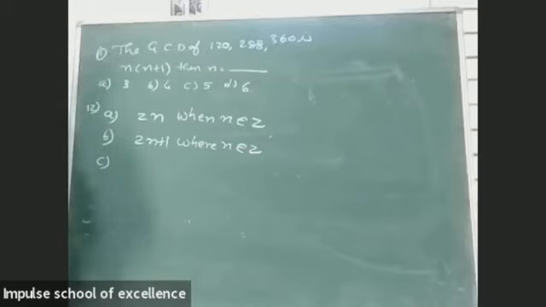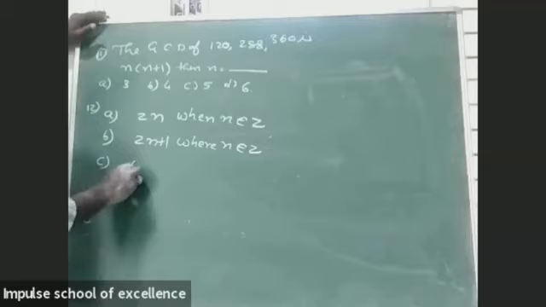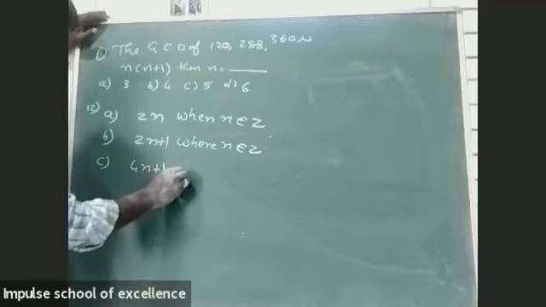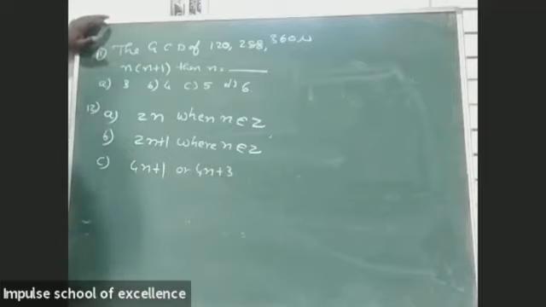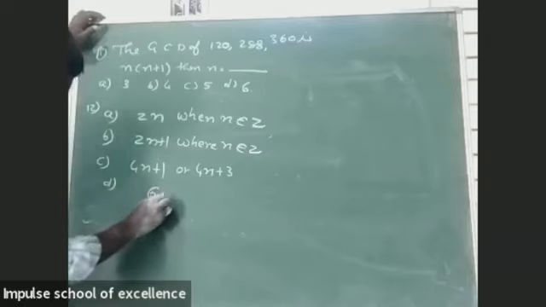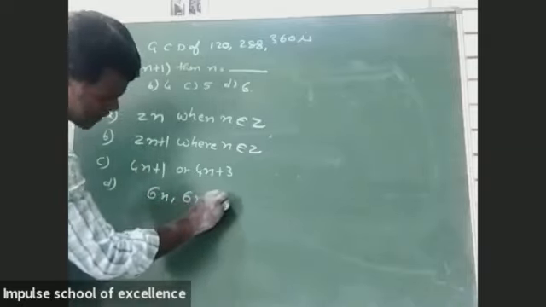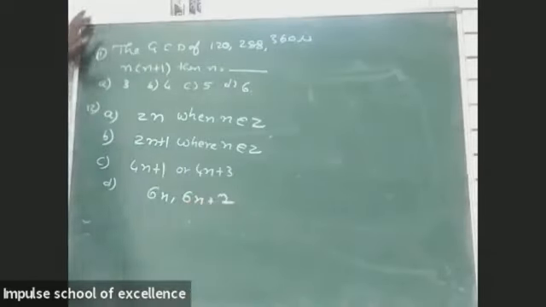And third one, every positive integer is in the form of 4n plus 1 or 4n plus 3, where n is an integer. And last option, every positive odd integer is in the form of 6n, 6n plus 2, where n is an integer.